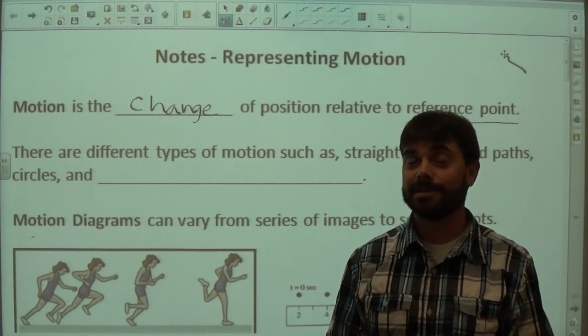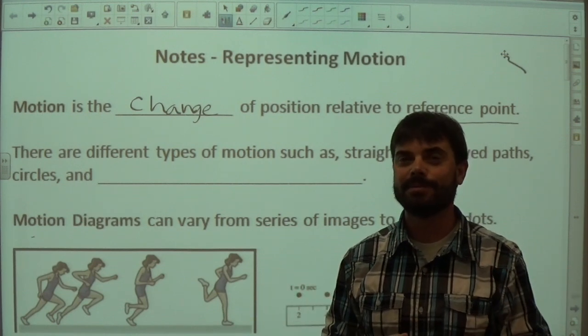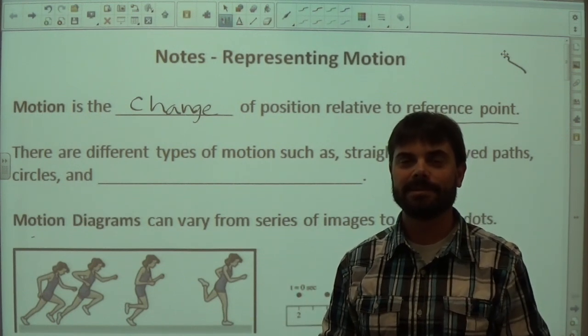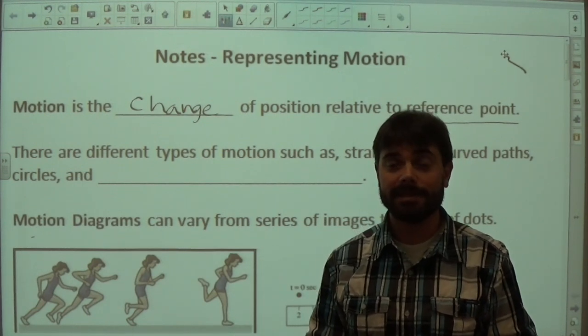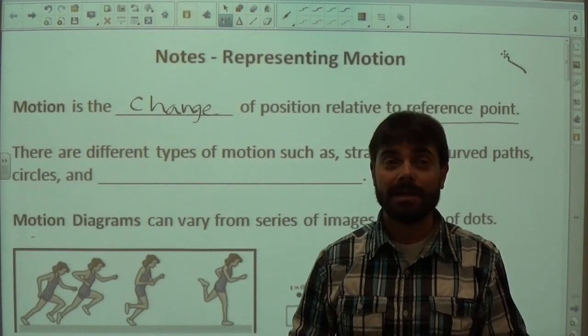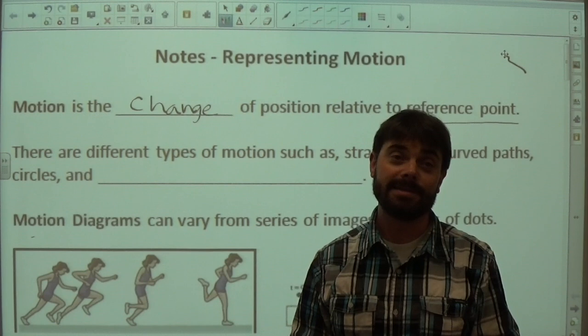I could propose a question: right now you're sitting at your desk or your table, and I ask you what is your velocity. The common answer would be that I'm not moving at all because I'm just sitting in my seat.